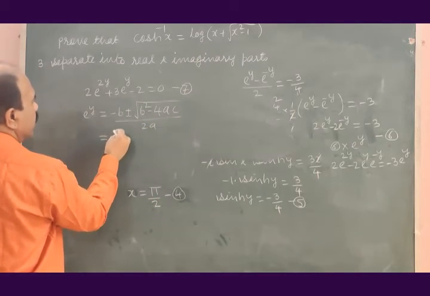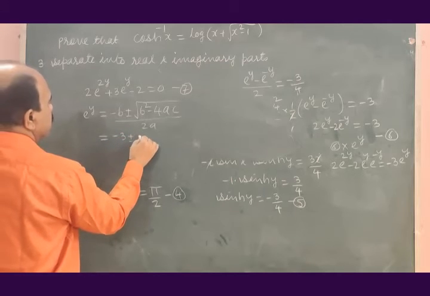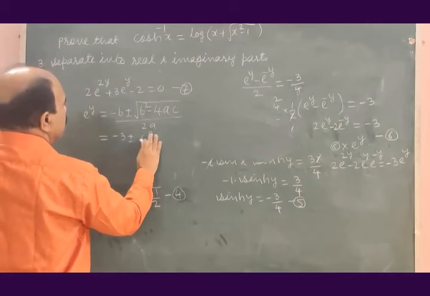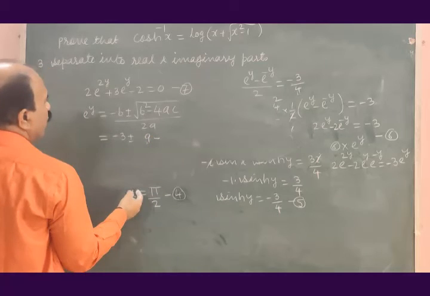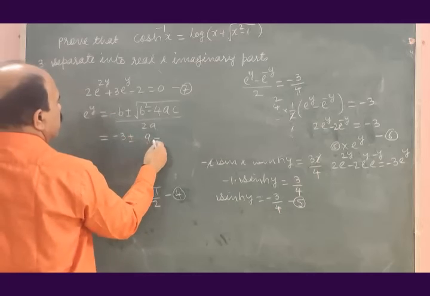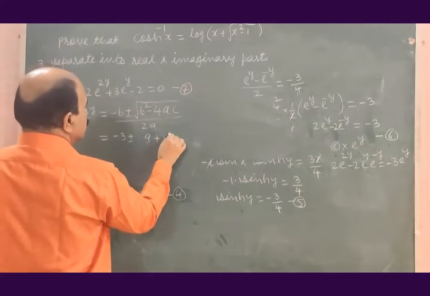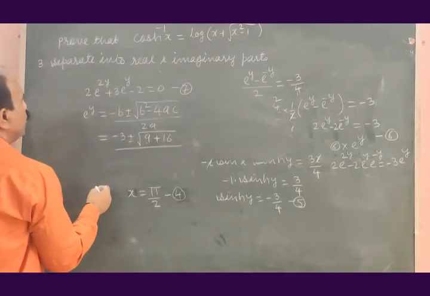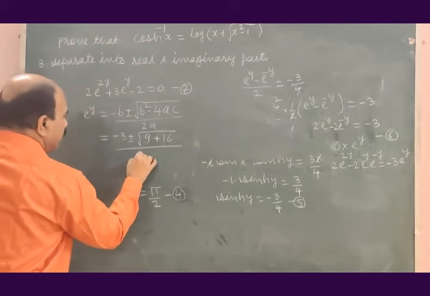This is nothing but minus 3 plus or minus b square is 3 square, that is 9, minus 4ac, minus plus 4 into 2 into 2, 16, divided by 2a. 2a is this, that will become 4.